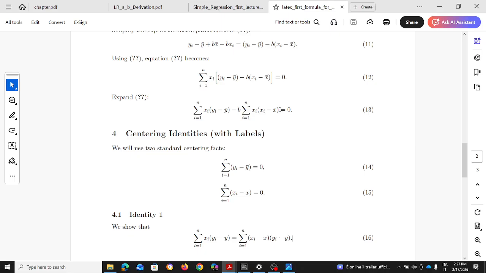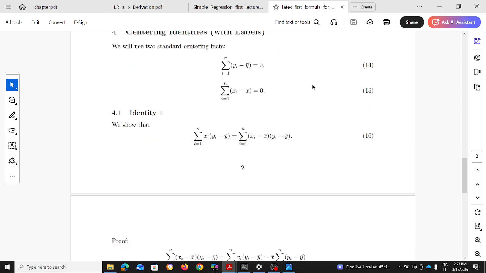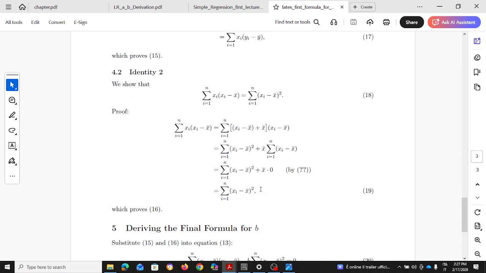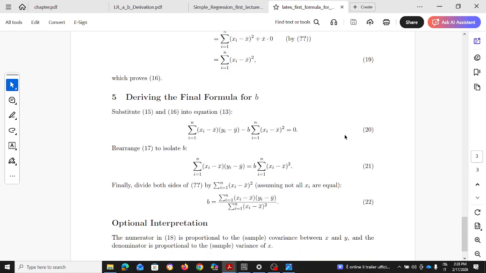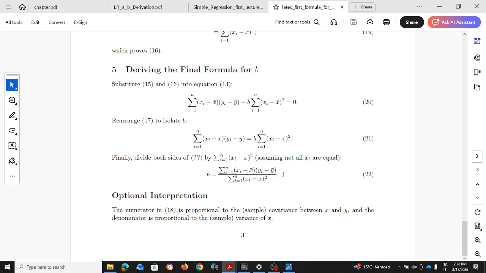And in place of this we put the second identity, which is this. What we did is just substitute both values. Then by rearranging, we take this to the other side of the equality, we have b times this summation, then divide both sides by this summation. So b is equal to this term divided by this term.